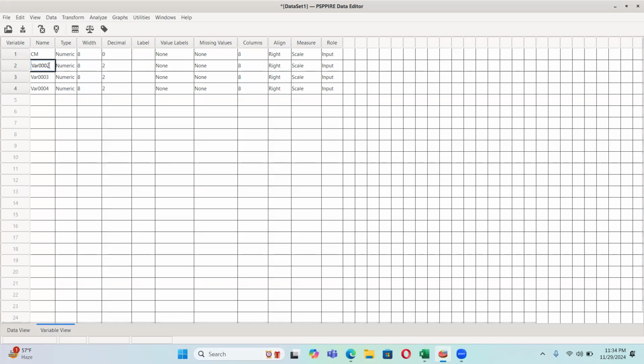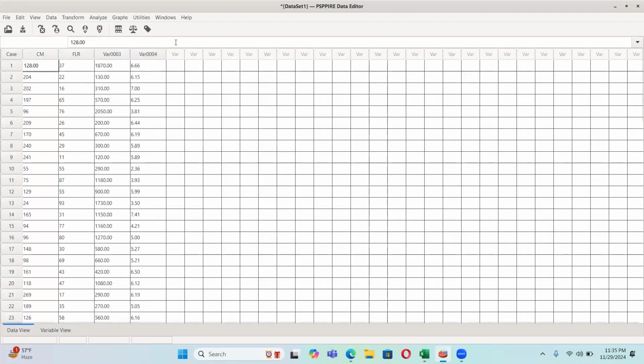Our second variable is female literacy rate. Here also there are no decimal values. Our third variable is per capita gross national income.